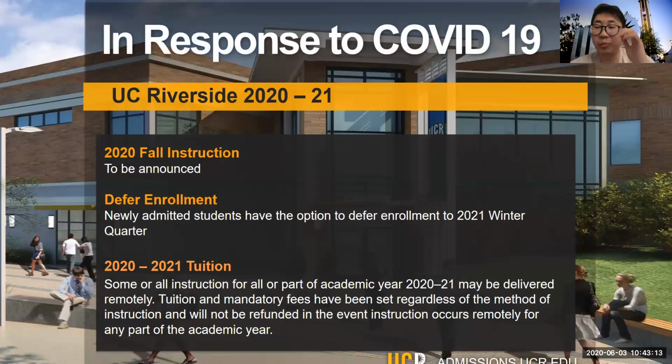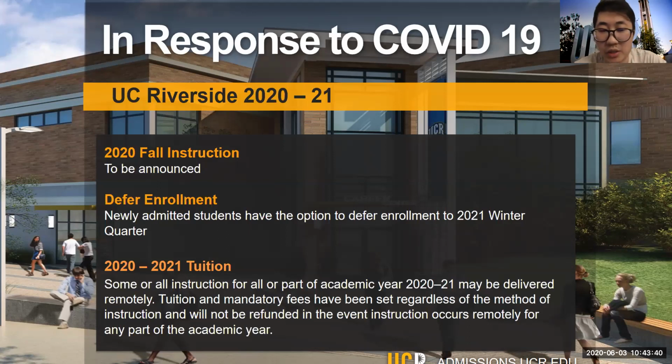Some additional information for COVID-19. Again, for the students coming this year, for 2020 fall instruction, most likely we will be going to a hybrid type of instruction, which means most of the students will be taking classes remotely online, and we will have a very small number of classes on campus.